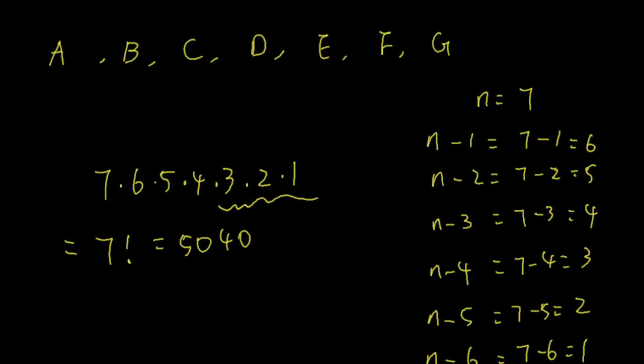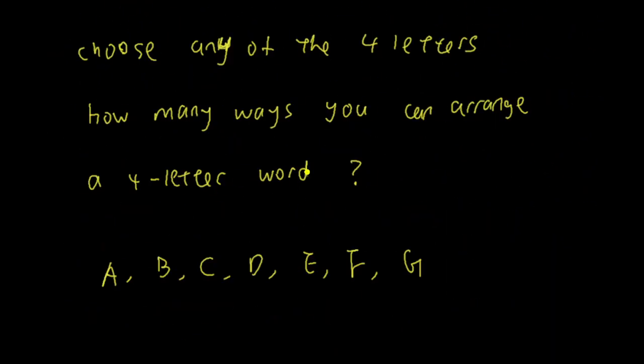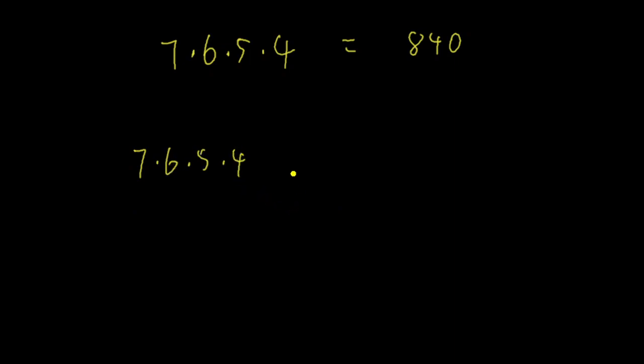So to go from this to this, I can also write it like this: 7 times 6 times 5 times 4, times 3 times 2 times 1, all divided by 3 times 2 times 1.